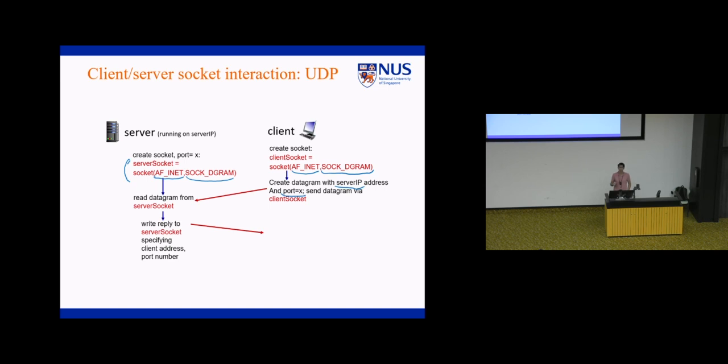And it will write the reply again into the server socket. It learned about the client's port number and the IP address when receiving this datagram here. So it will send it to the same IP and port, and the client will read the datagram from the client socket, and the client will close the client socket. The server may keep it open if it wants.